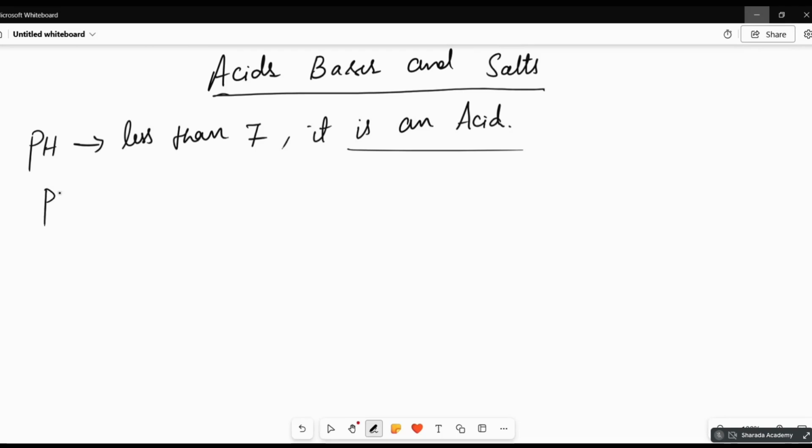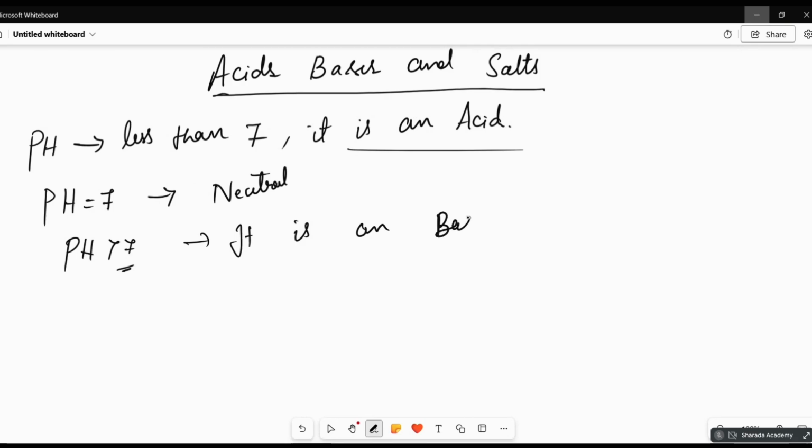When pH is equal to 7, it is neutral in nature, and when pH is greater than 7, it is a base. When the pH value keeps decreasing below 7, it becomes a strong acid, and if pH increases above 7, it becomes a strong base.